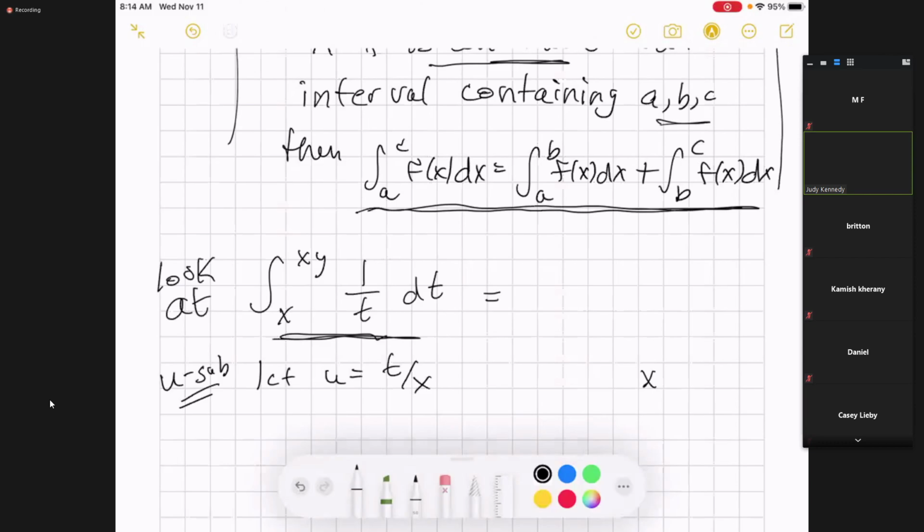T represents any number between x and xy. And maybe x is less than xy, or maybe xy is less than x. So one of these at least is true. T represents any number between x and xy.